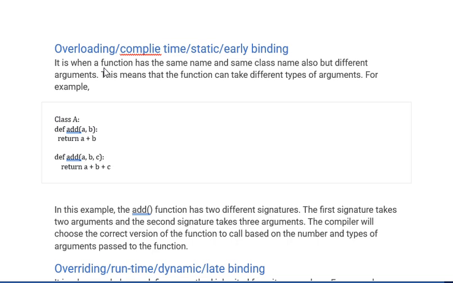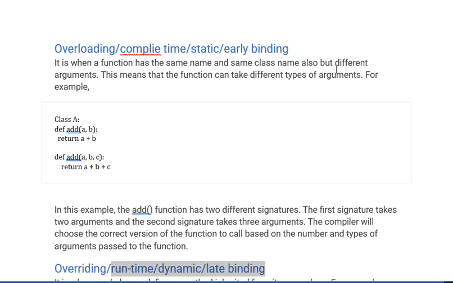The same function name will be used for both overloading and overriding. The common thing is the same function name, and it will have the same class name also, but different arguments.